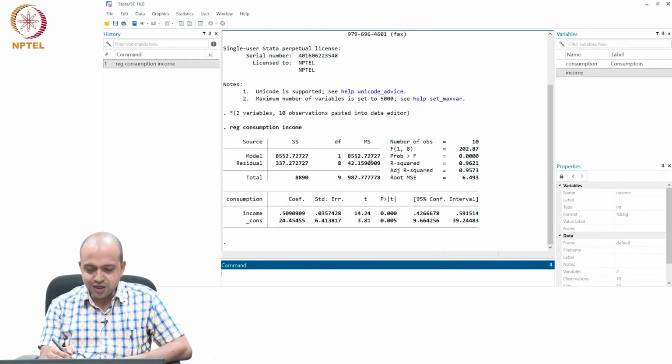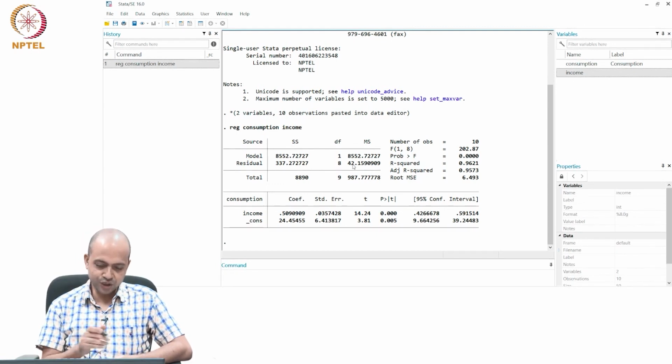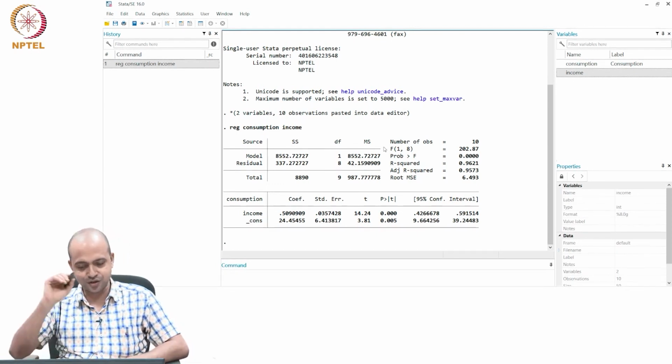And then Stata has also defined MS, mean sum of square, which is nothing but the SS divided by its degrees of freedom. So, if you divide this, 8550.72 divided by 1 is this. Similarly, if you divide this by 8, it will come to 42.15. So, it is simply SS by its degrees of freedom.